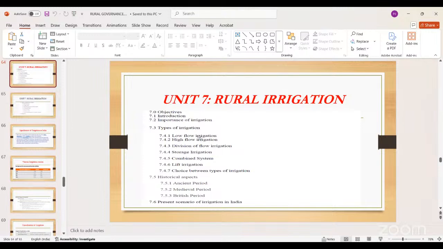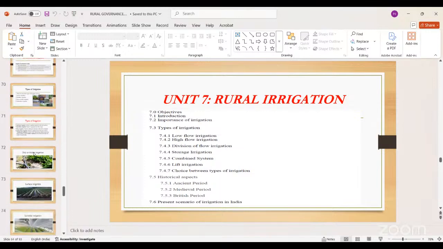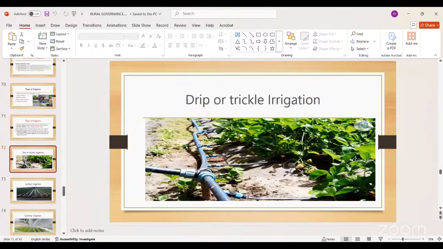These are the different types of irrigation, major classification. Basically, there are two main types of irrigation. One is called low flow irrigation, and another is high flow irrigation. Low flow irrigation consists of spray, drip lines, and drip irrigation. I'll show you how drip irrigation looks. It looks like this.